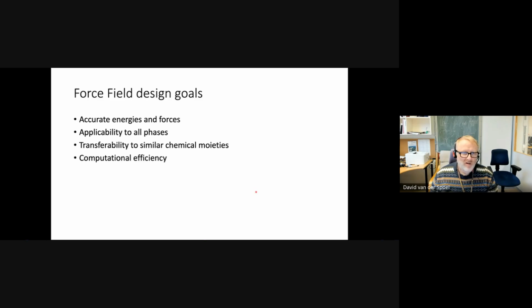So there's a trade-off between computational efficiency and accuracy. And then in regard to the neural network potentials that Luciano mentioned in the beginning, comprehensibility, I think, is also a design goal. So if we can write down the equations and understand what they mean, that also helps us to understand the chemistry, I think.